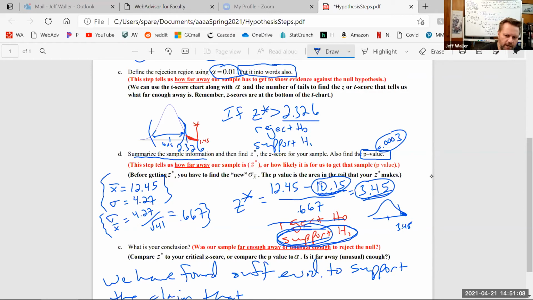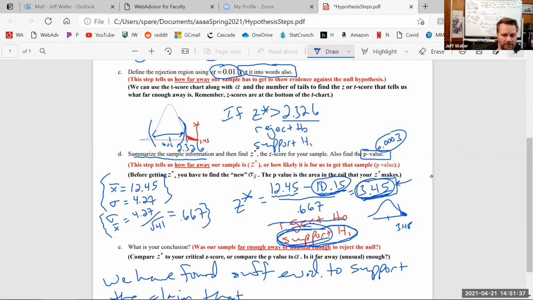We just got a sample average that was almost 3.5 steps above that. So this is such an unusual place to be. You all know that a 3.45 z-score is like, holy shit, yes?